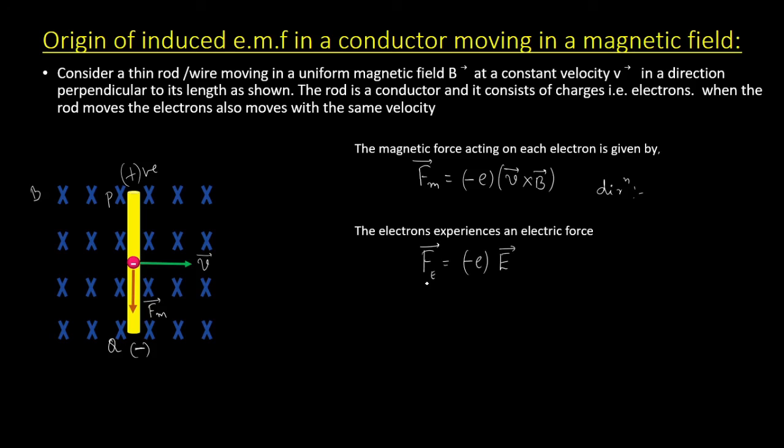So what will be the direction of this force? Obviously, it will be upwards, right? And if you compare the two forces, the electric force is actually opposite to the magnetic force. So both the electric force and the magnetic force are in opposite directions to each other.